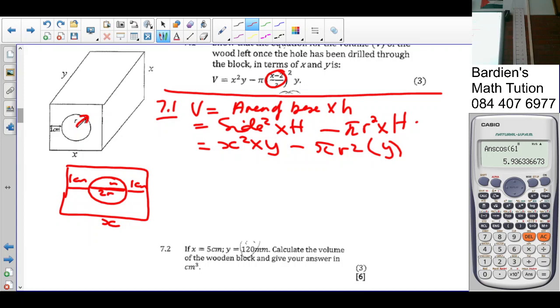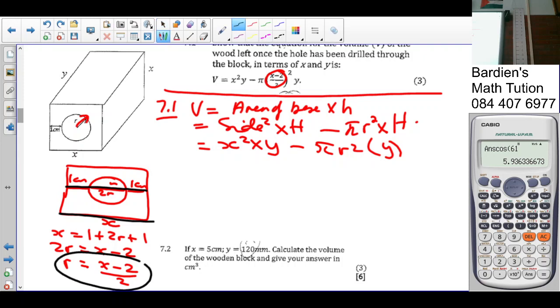So in other words, x is also equal to 1 plus 2r plus 1. Not so? So I'm going to make r the subject of the formula. So 2r is equal to x minus 2, divided by 2. So it's x minus 2 over 2. Did you see that, people? And that is what I replace r with there.